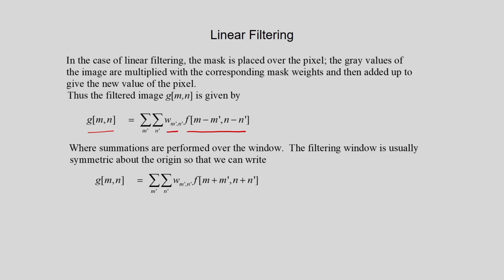I am considering the filter as a symmetric filter, that is, the mask is a symmetric mask. Then I can do these operations, and you can see it is something like convolution, because the filter coefficients are multiplied with the pixel values and added up. It is nothing but multiplication and sum up, that is the convolution.